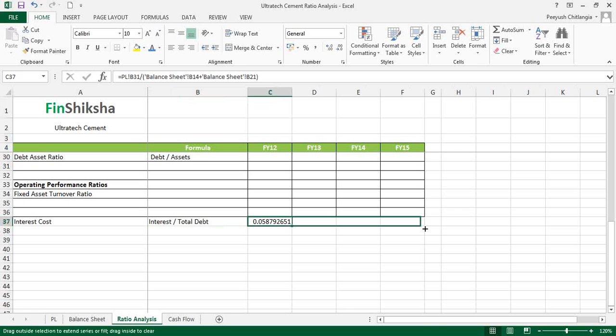And we see that ideally they should be paying about 8% or so. They seem to be paying lower amounts earlier, but seem to be reaching around 8% here towards the end. So that's fine. Was the historical lower amount because of some sort of capitalization of interest, which is treatment of interest as a fixed asset because it was used for the purpose of capacity expansion? We can check that in the annual reports as we go along, right?